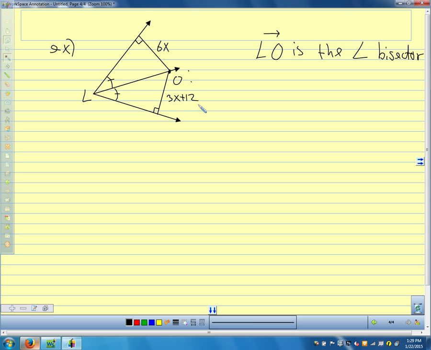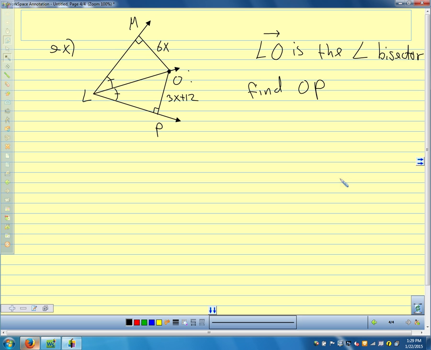All right, so point O is on the angle bisector. So what does that tell us about these two lengths? The segments are congruent, the lengths are equal. And we have to be careful that we have this 90-degree angle on both of them. We have to make sure we're measuring at a 90-degree angle on both sides. So those lengths are equal. So if our problem says, I'm going to say M and P, find the length of OP.